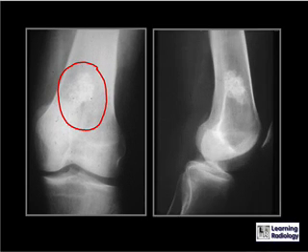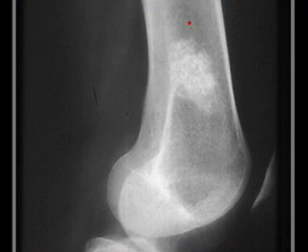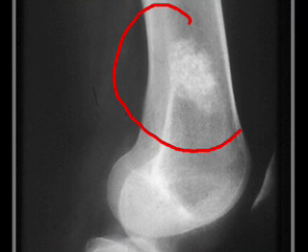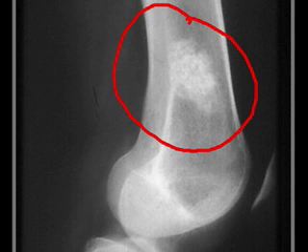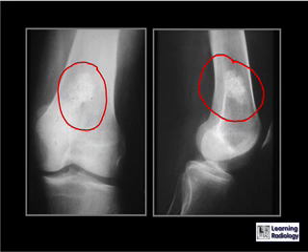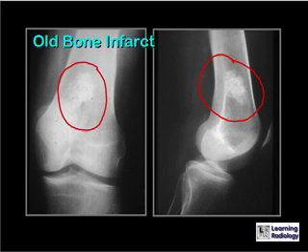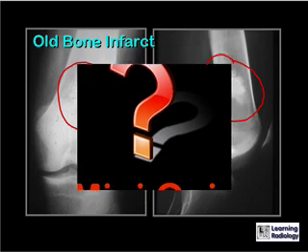And so if we get another view at 90 degrees to the first, an orthogonal view, we can now see that the dense amorphous calcification lies within the intramedullary cavity on the orthogonal view, and therefore, since it is in the intramedullary cavity on both views, it represents, in this case, an old bone infarct, one of the causes of medullary calcification.